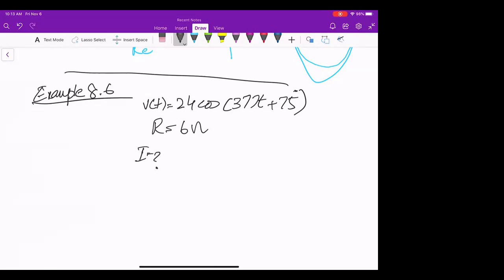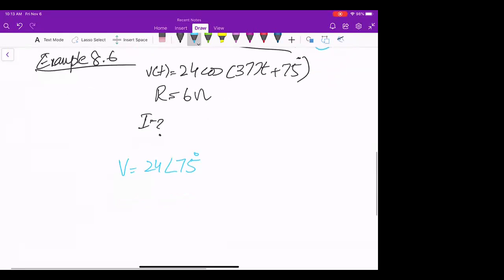Okay, so how will we solve this? They have the same omega, or frequency, so we can write it in the phasor form. When we write it in the phasor form, it will be equal to 24∠75, right?